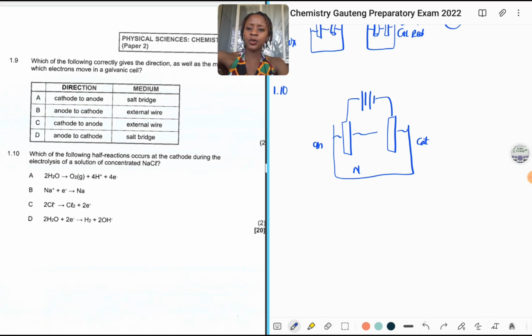You would have your sodium, and it's in water, so water would have dissociated to hydrogen ions and hydroxide, and then you have sodium chloride, so sodium ions and chloride ions. Your negative ions, chloride, go to the anode, and then you end up having chlorine gas.